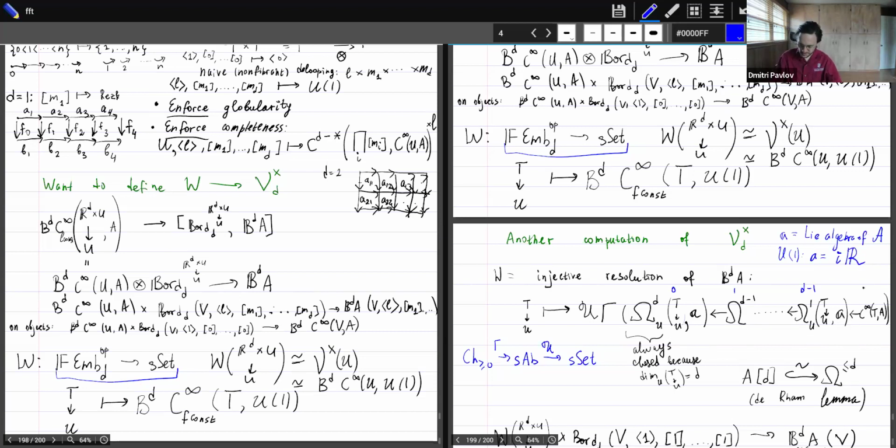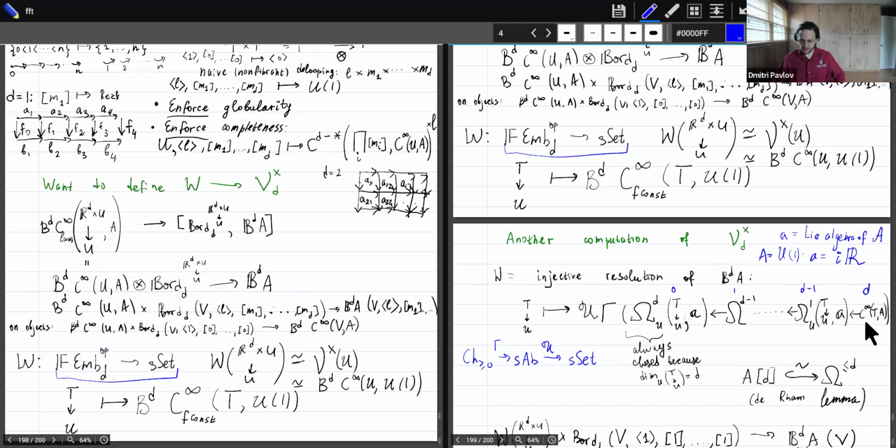So you have such differential forms, valued in a Lie algebra. And in degree d, instead of putting 0-forms, here I will put smooth functions from capital T to the Lie group capital A, or in our case, U1. Notice there is no difference between fiber-wise smooth functions and just smooth functions on the total space.